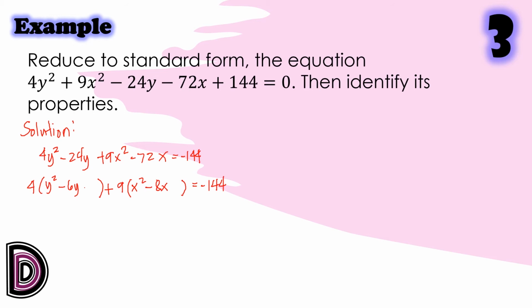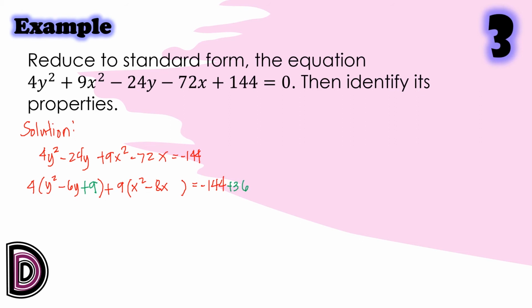Completing the square in x and y variable, we have negative 6 divided by 2, that is negative 3 squared, so we have 9. Then we added 4 times 9 to the left-hand side of the equation. We will also add 4 times 9, or 36, to the right-hand side.